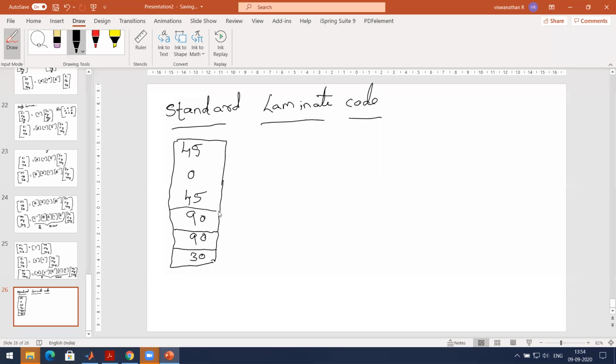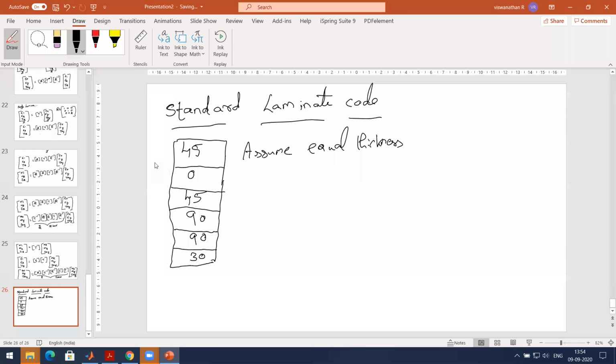Third layer is also at 90 degree. This layer is at 45, this at 0, and this at 45. Assume equal thickness, though it doesn't look like equal thickness. I have shown this as bigger, this as smaller, but I have not drawn it correctly.